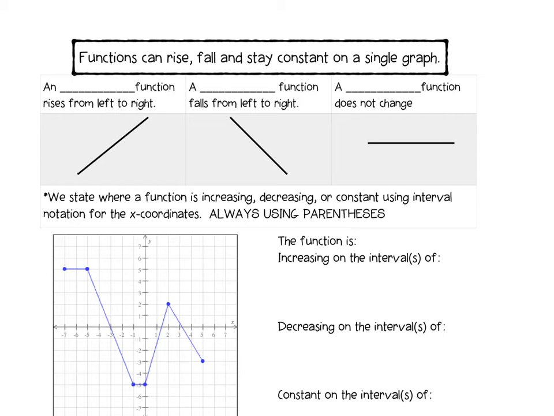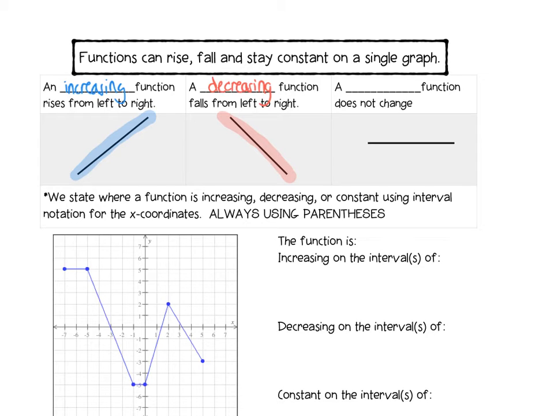The first one, I'm going to do it in blue, is an increasing function. An increasing function goes up, or rises, from left to right. The next one is falling from left to right, so that is called a decreasing function. A decreasing function falls from left to right, going down.